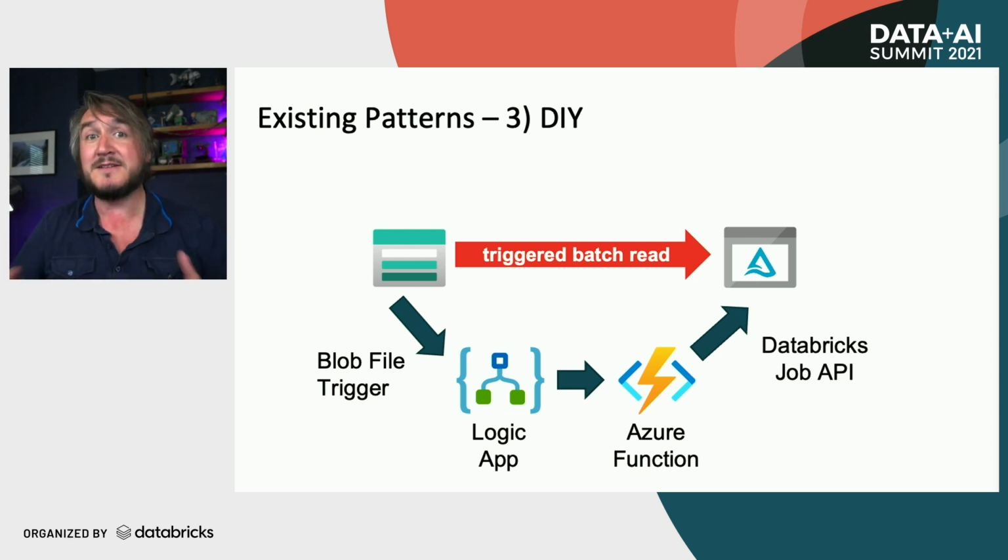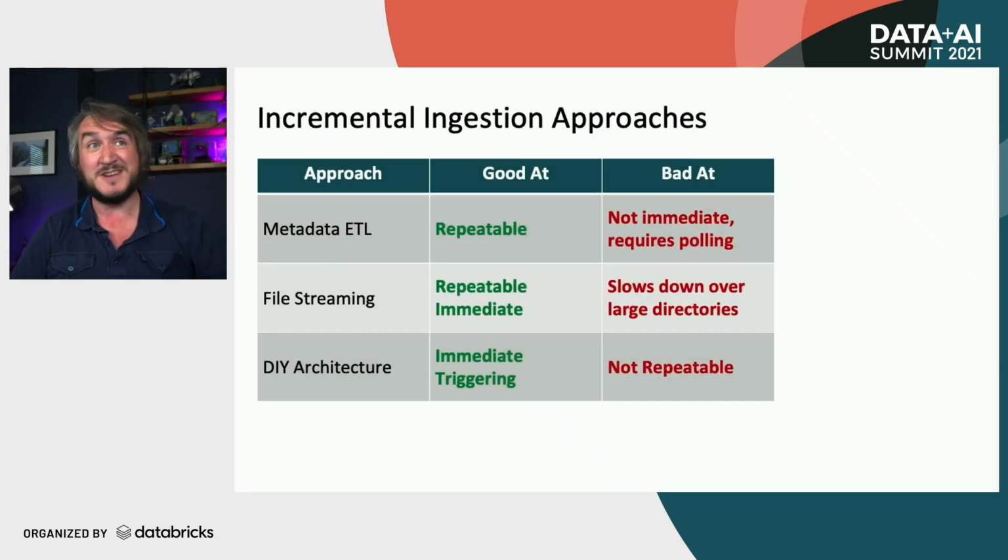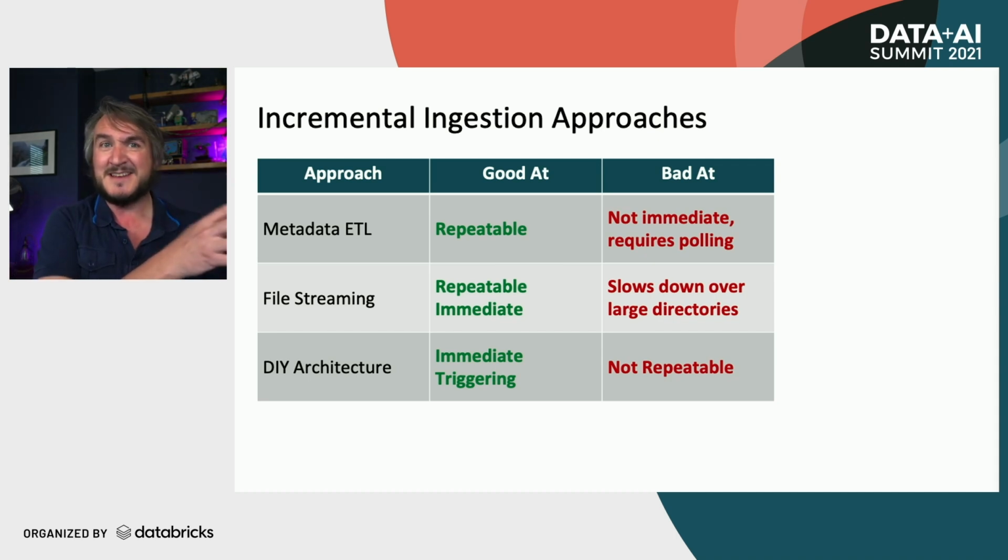That's fine, I can build that. But then I get to the scenario of, what about with the next data set? What about with the next time I need to spin this up? Am I having to constantly deploy new logic apps, new Azure functions, new Azure infrastructure each time I want to track a new file?